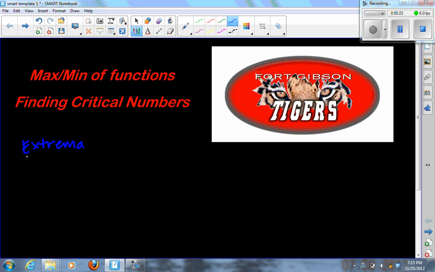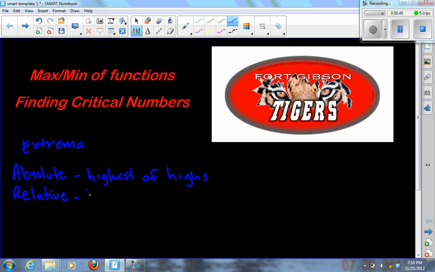And there are two ways to describe extrema. You have absolute, which are the highest of the highs, and you have relative, which is just a high point but not the highest of all the highs.